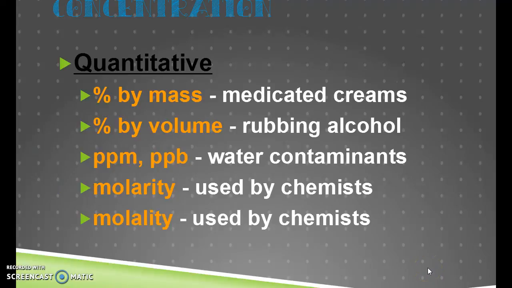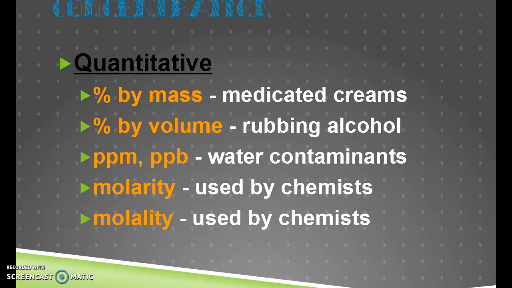There are a multitude of ways that we can measure quantitative data. So we can also measure concentration through quantitative means, and there's a multitude of ways to do those calculations. We'll look briefly at percent by mass, which is a very common way to express medicated creams and the amount of solute they have within that cream.